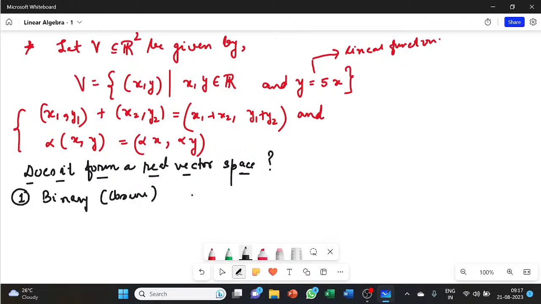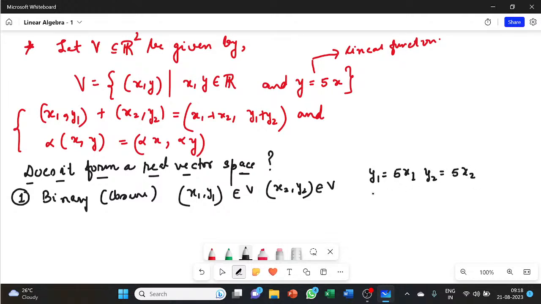If (x1, y1) belongs to V and (x2, y2) also belongs to V, then it implies that y1 would be 5x1 and y2 would be 5x2. If I add y1 plus y2, it would be equal to 5 times (x1 plus x2).